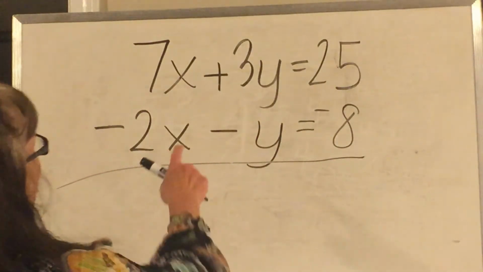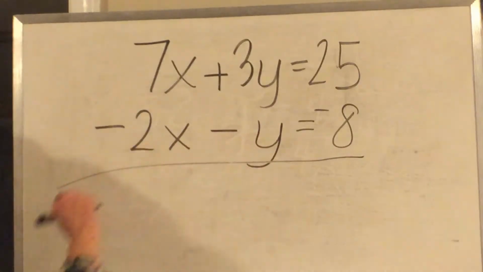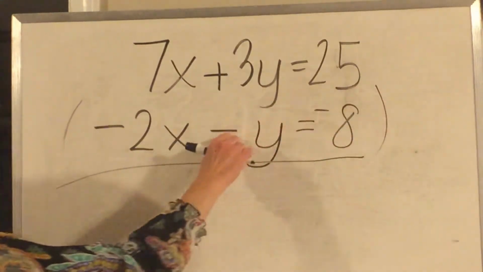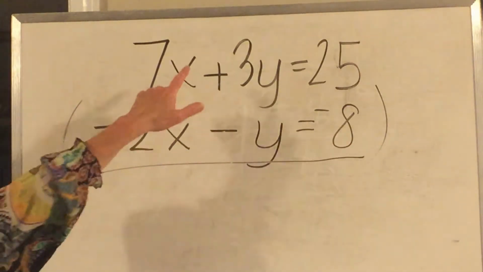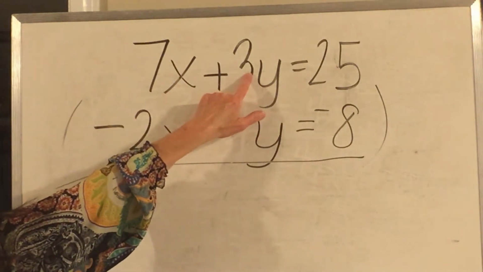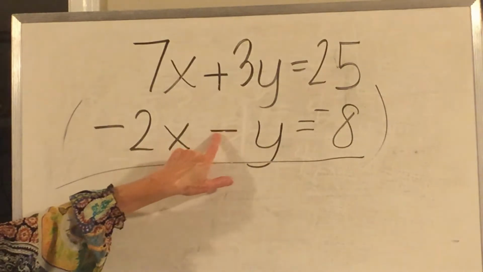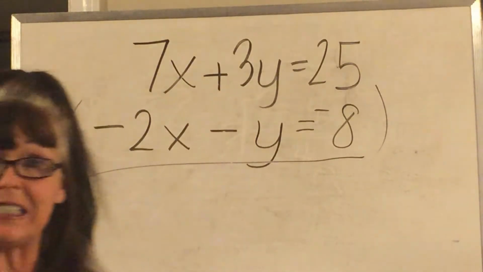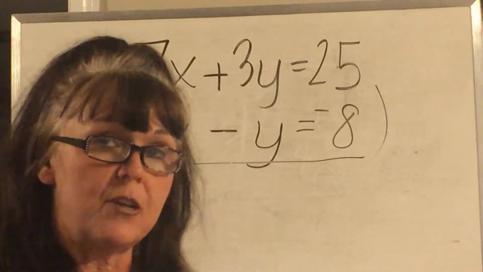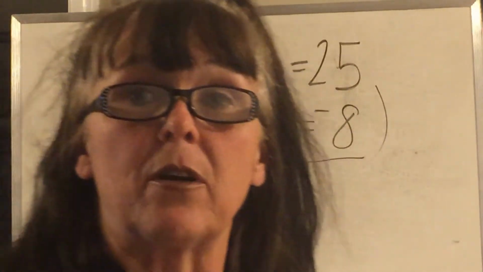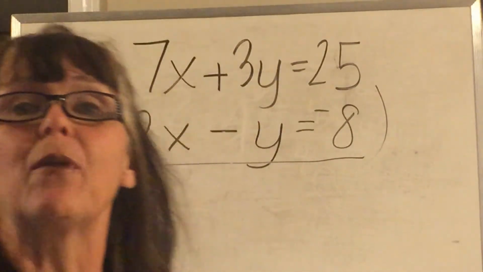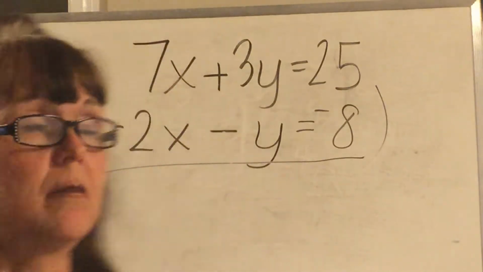So I want that to stay a negative. So if you want to keep your sign, which we do, we got a positive 3. So underneath it, you would need a negative 3. If you want that sign to stay the same, then you're going to multiply by a positive number. But if you would have wanted that sign to change, then you would have multiplied by a negative number.